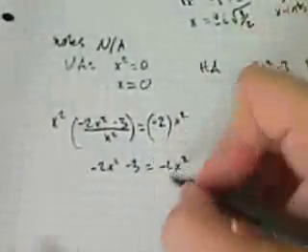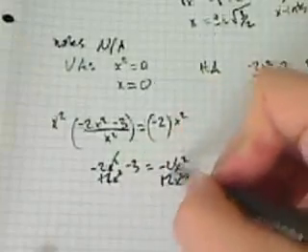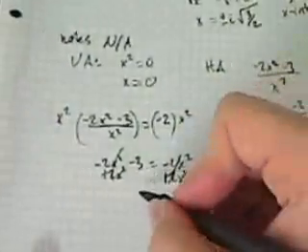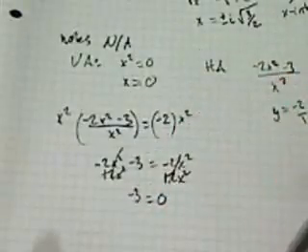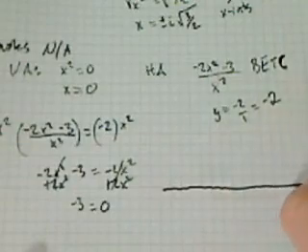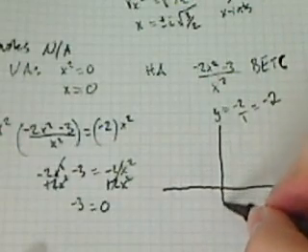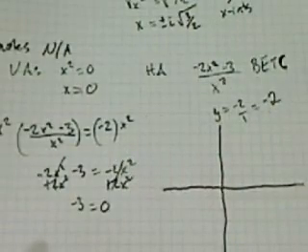We can kind of see where this is going. The x squareds will cancel out when we try to combine them on the same side, which leaves us with -3 equals 0. It's not going to cross the horizontal asymptote. So we have a graph that has no x-intercepts, it has no y-intercept, it will not cross its horizontal asymptote.